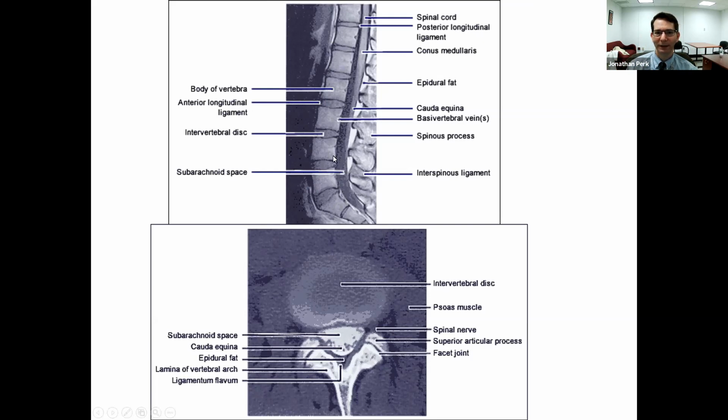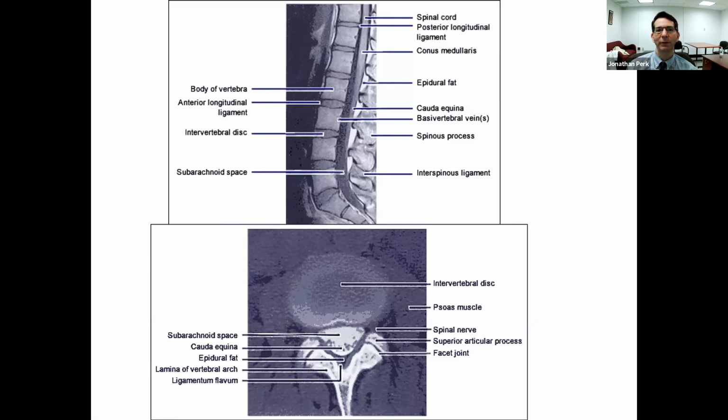Why am I emphasizing this? Because it is a little bit counterintuitive. We call it posterior longitudinal ligament even though it's actually anterior to the spinal cord. The word posterior refers to the vertebral body, so it's posterior to the body.